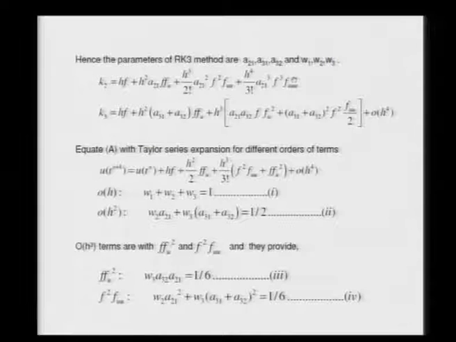Please understand that since we are interested in a third order method, we retain terms up to h 4 to get the truncation error term, which is going to be proportional to h 4.